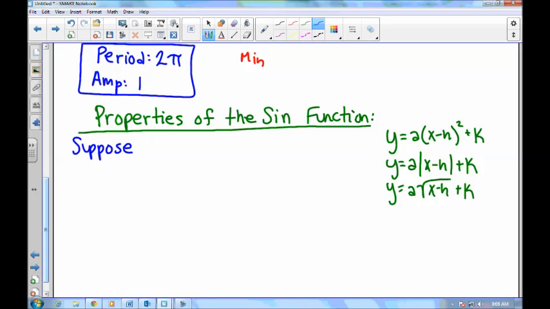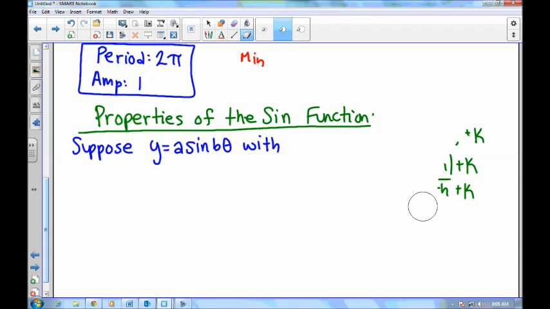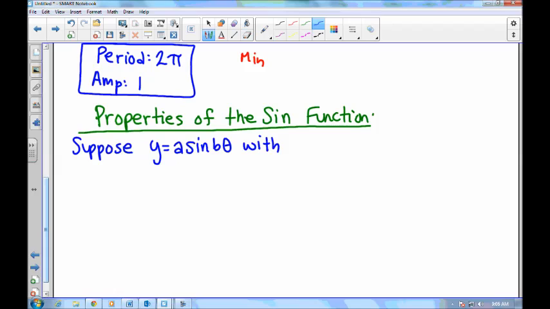Suppose y equals a times sine b theta, with a can't equal 0, which makes sense because a is your multiplier. If you multiply by 0, then it's no longer sine or cosine, it's just 0.